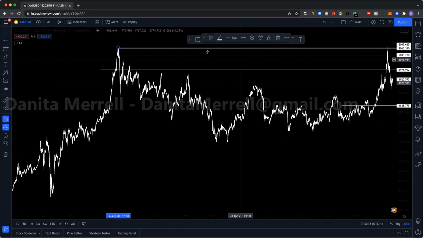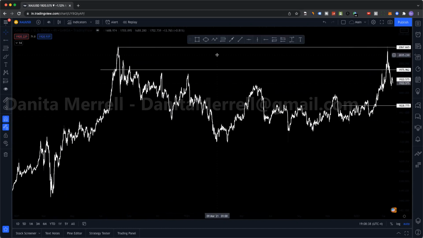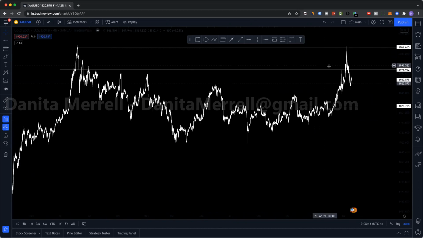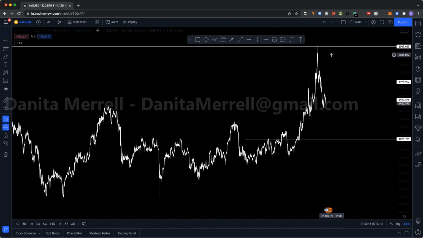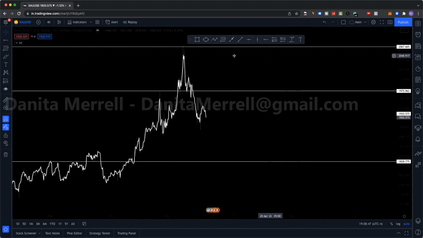Okay, and there's your entry. Right, now you can wait for rejection and whatnot, depending on your SL. Or you just take it off the top because that was pretty much your max risk unless price wanted to fly past that.